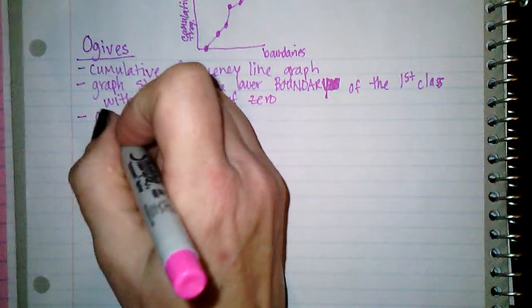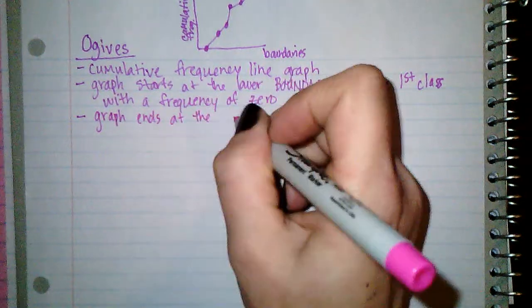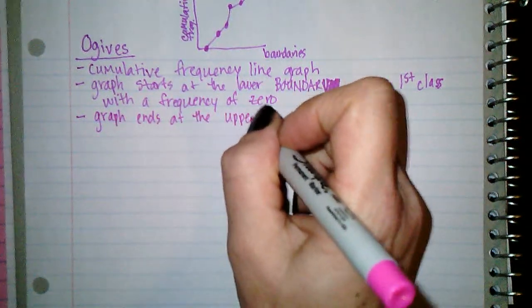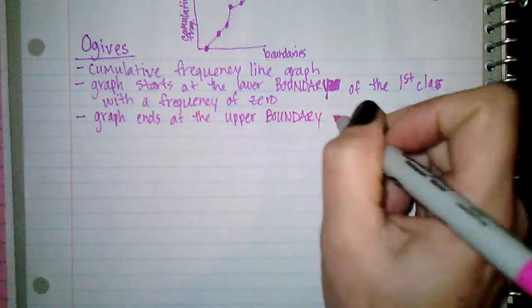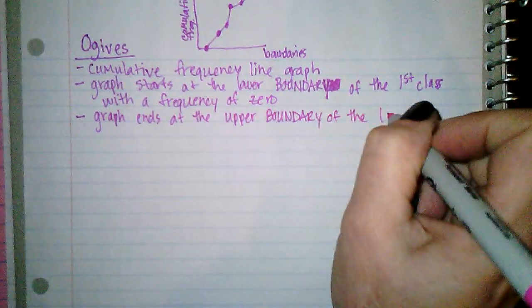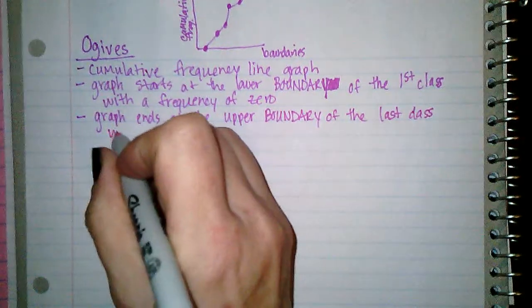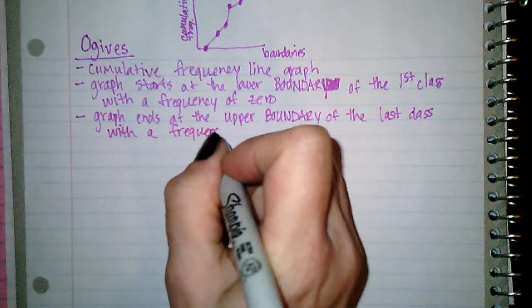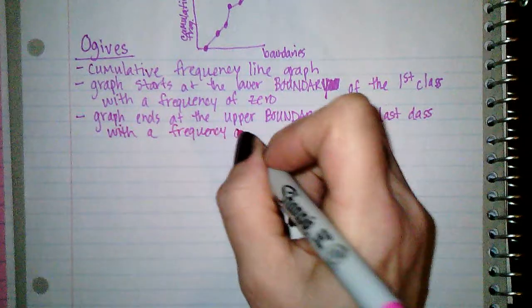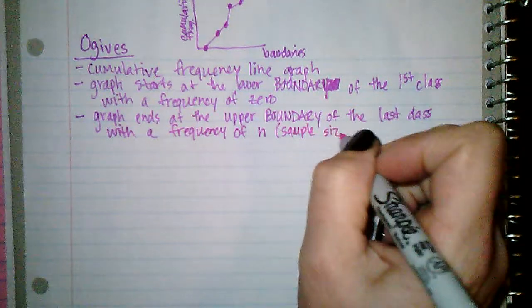Then the graph ends at the upper boundary of the last class with a frequency of n, which is the sample size.